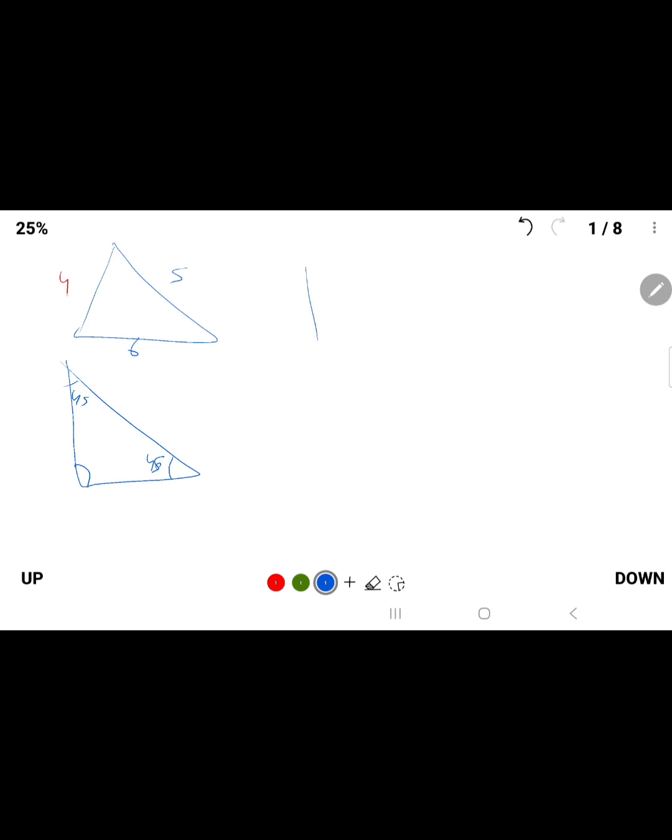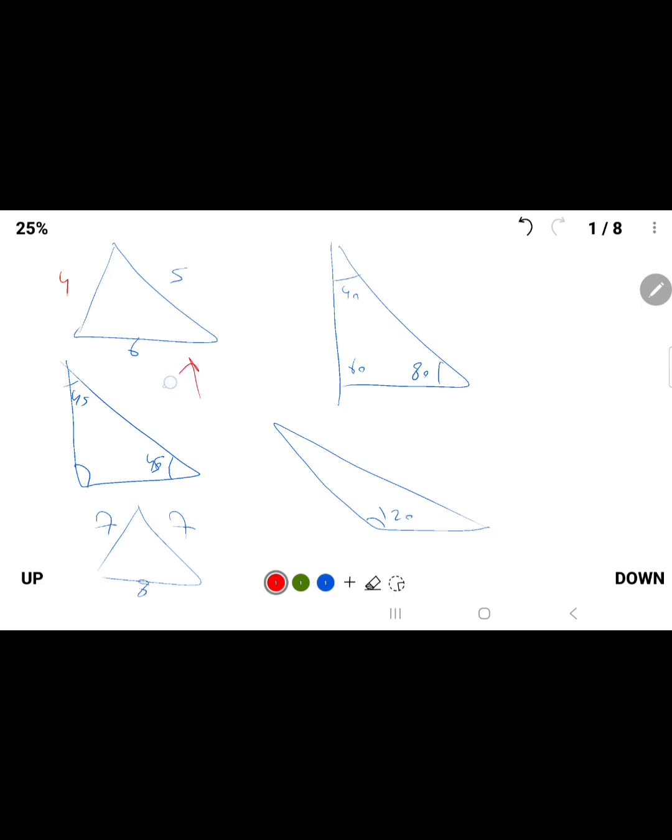And here you have this triangle. We have 5 here, 4 and 6. So this triangle is a scalene triangle because all three sides are just different.